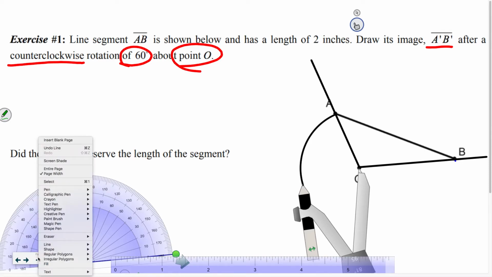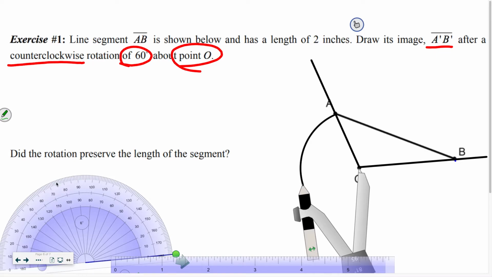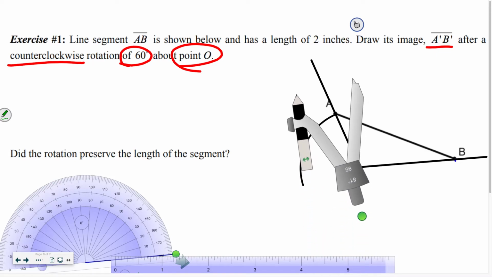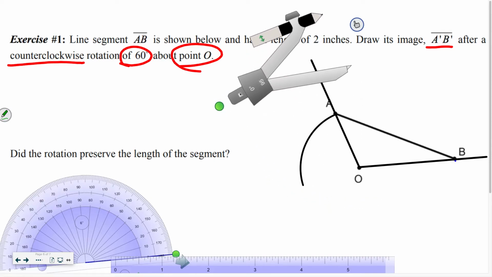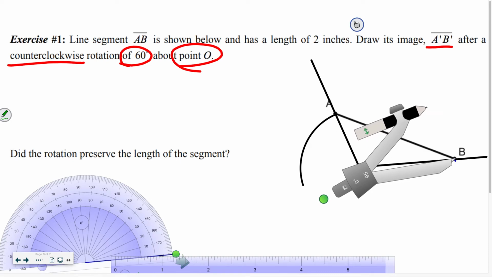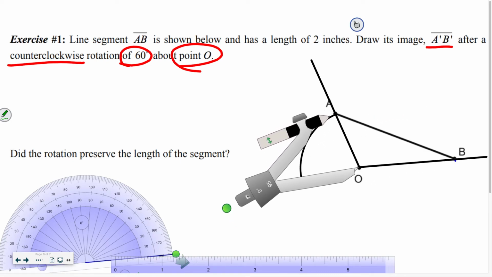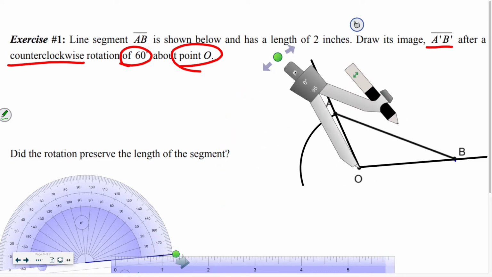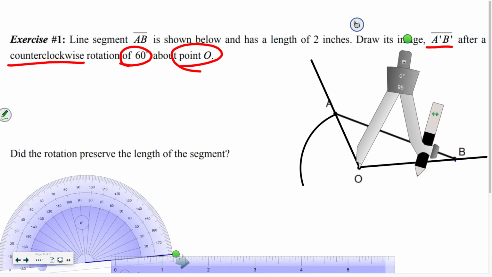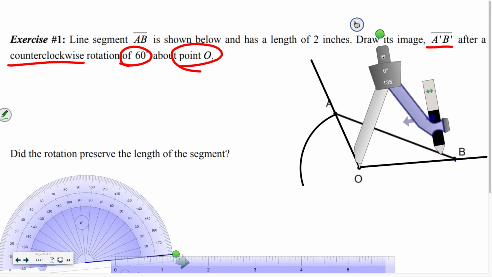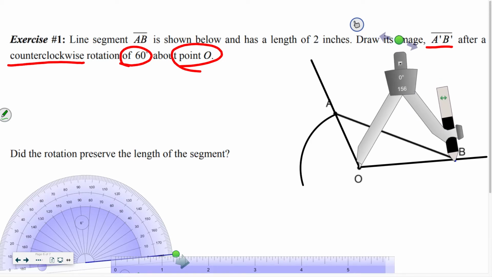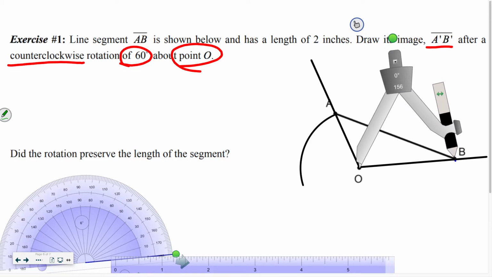Now, I need to rotate. O still is my center, but now my new point is B. So let's do that piece here.